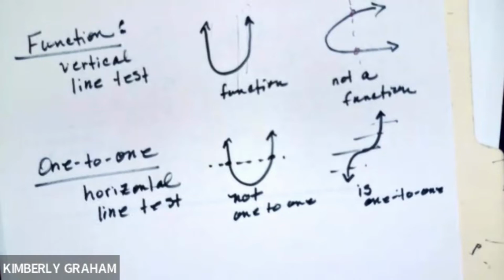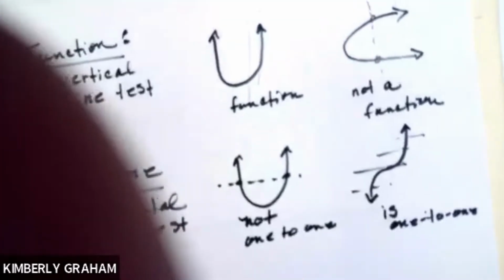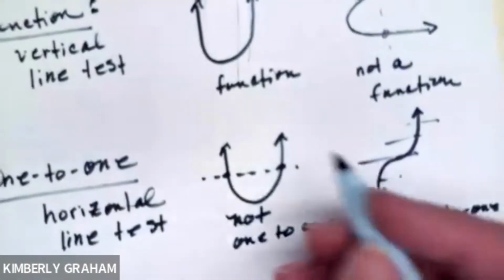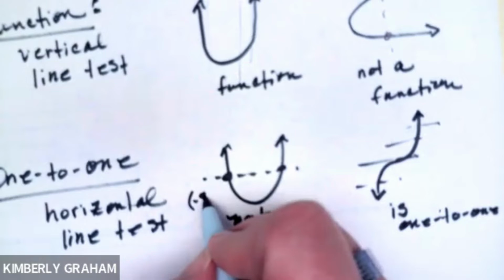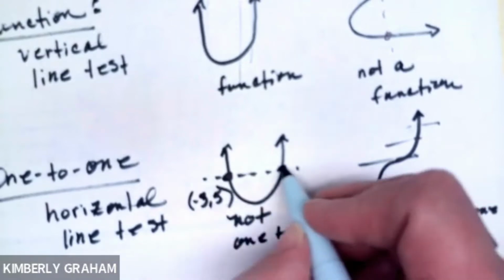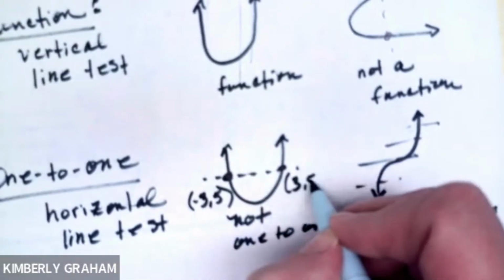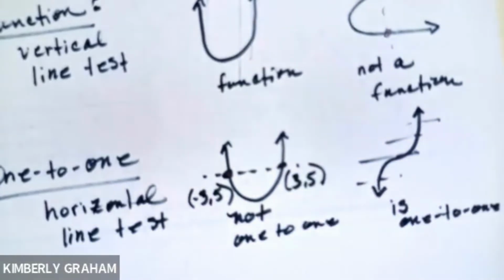So I want to talk a little bit more about this in terms of just numbers. Let's look at these 2 points. Let's say that this is the point -3, 5, and I'm going to say this is the point 3, 5. And let's say that I started off with my y coordinate. I started off with 5.